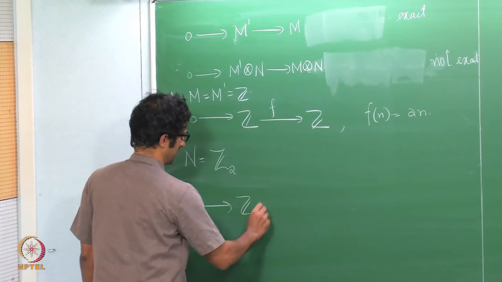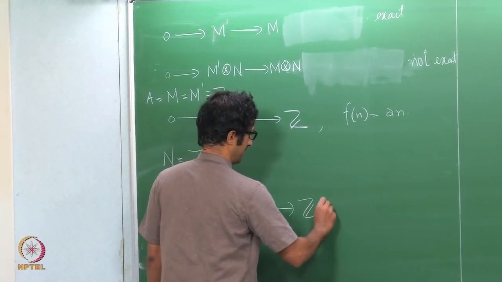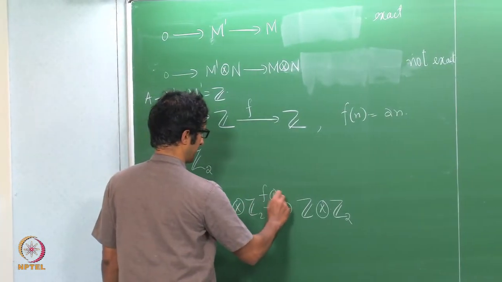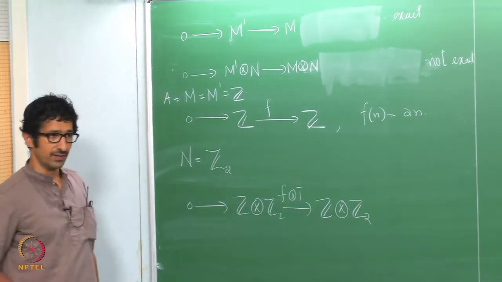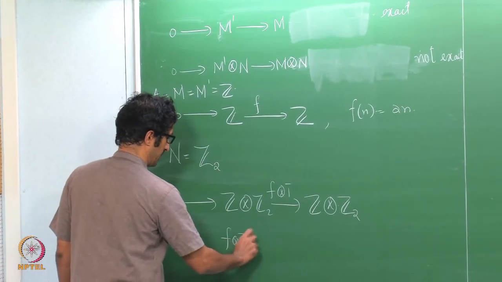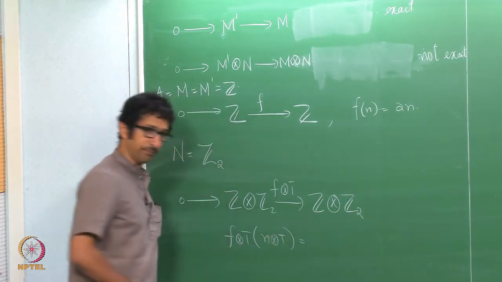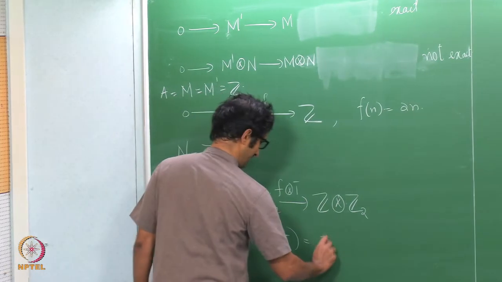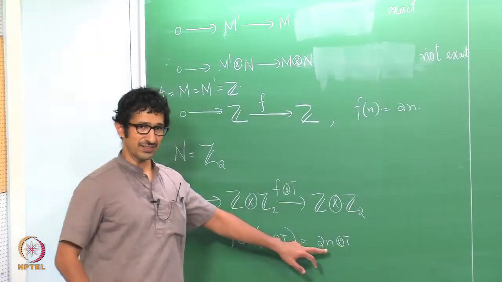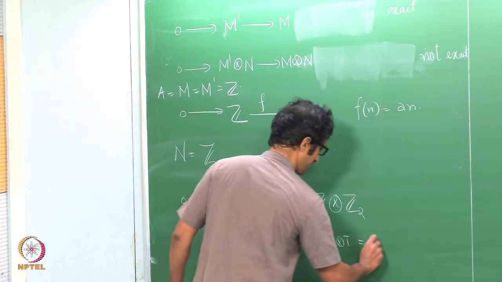Here we have Z tensor Z2 to Z tensor Z2. This map is f tensor 1 bar. What is the image of f tensor 1 bar of any n tensor 1 bar? This would be 2n tensor 1 bar, but what is this? You can write it as n times n tensor 2 bar, which is 0.